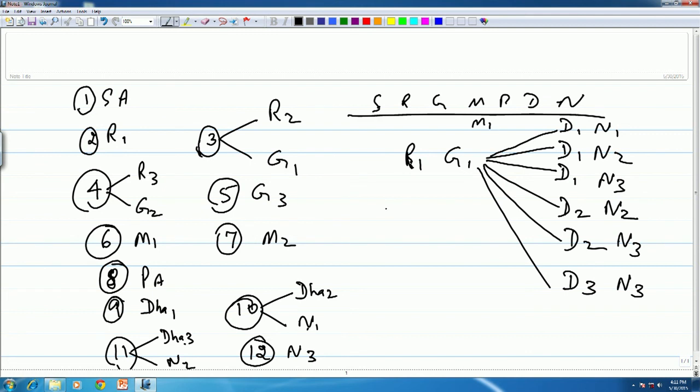So you have 6 into 6, 36 combinations possible with just one Ma. Another 36 possible with the other Ma, the augmented Ma, the Pratimadhyamam as it is called. And you have the number 72.